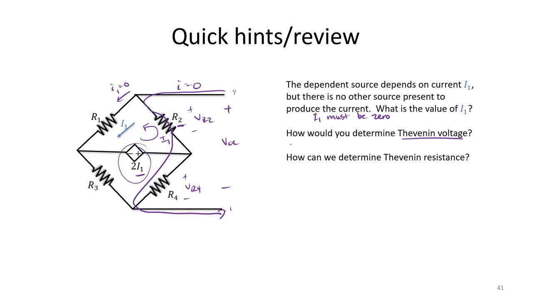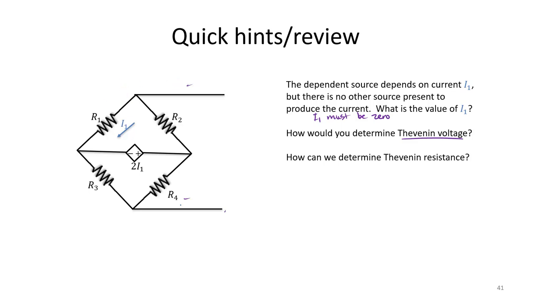The last part of the question asks about determining our Thevenin resistance. So remember, when you determine Thevenin resistance, for our purposes, we like to connect that external source VEX that supplies current IEX and solve for VEX over IEX equals our Thevenin resistance.